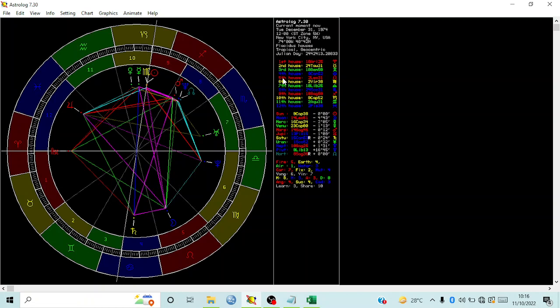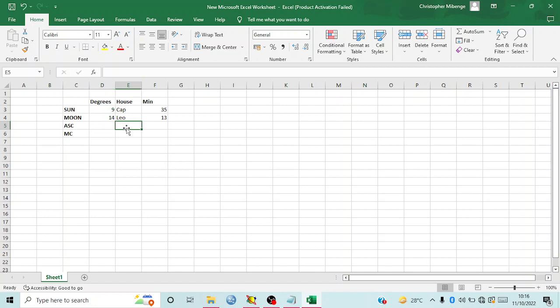So the actual place or position of the first house was supposed to be Aries, right? Sorry for that.